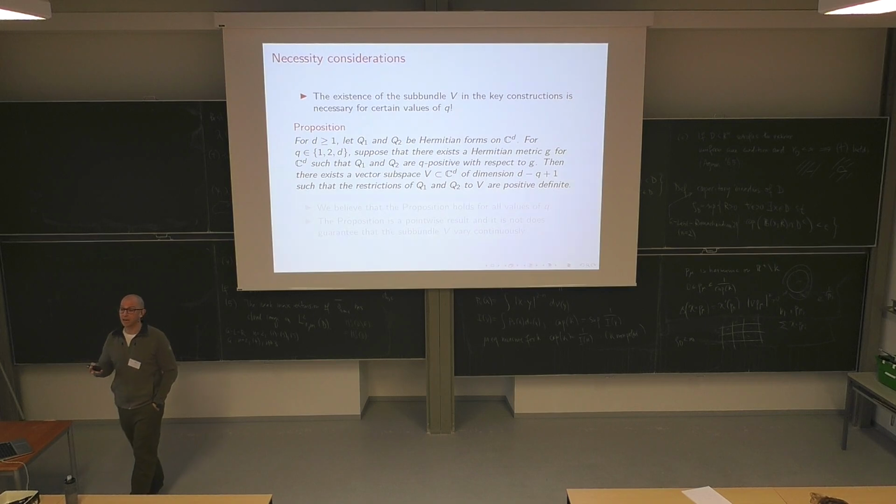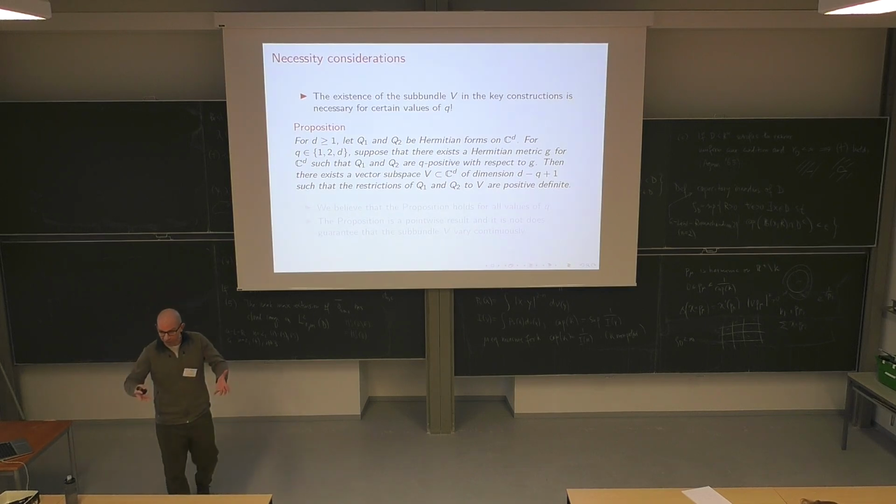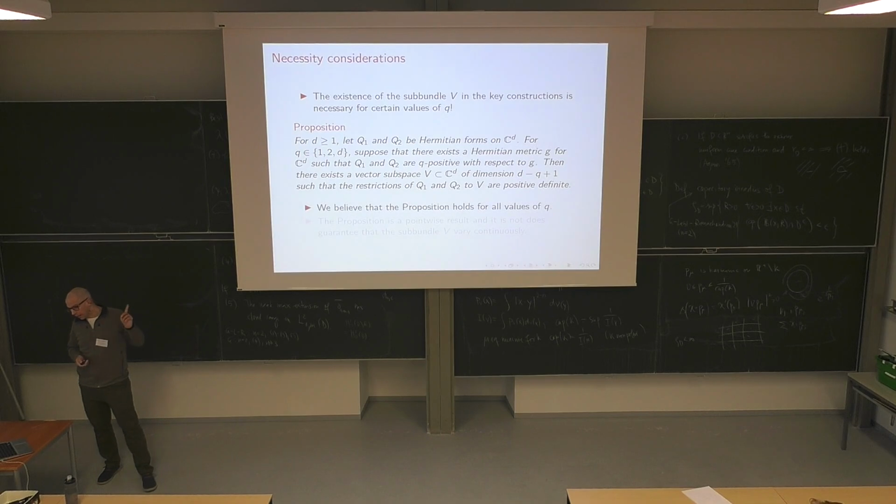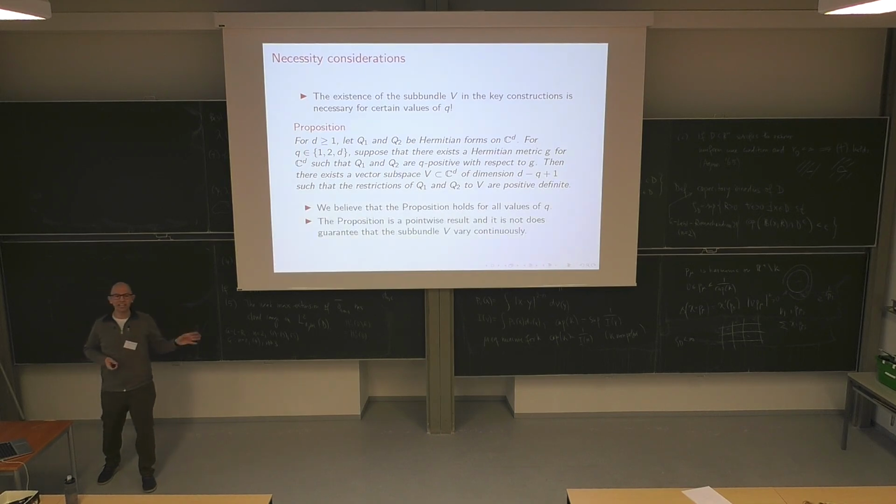So this hypothesis that there exists a V, we believe it is true for all q. We just don't have the proof yet. I will say this proposition is a pointwise result and doesn't say anything about the continuity. We don't believe that the continuity is necessary. It's just very hard to get a handle on some of these things without continuity.